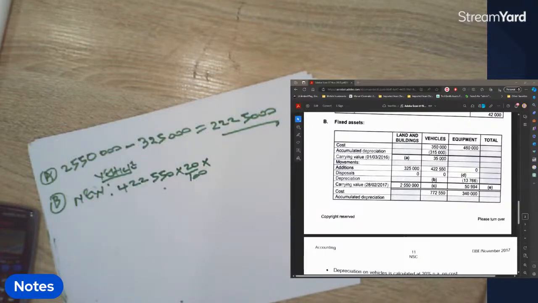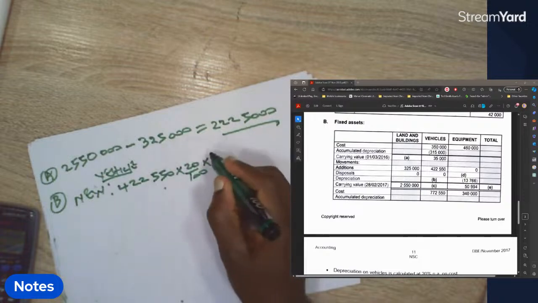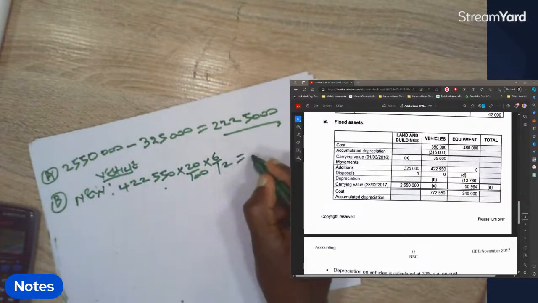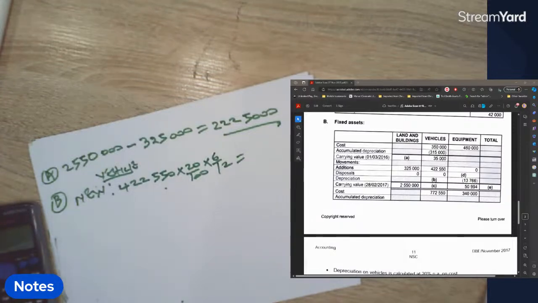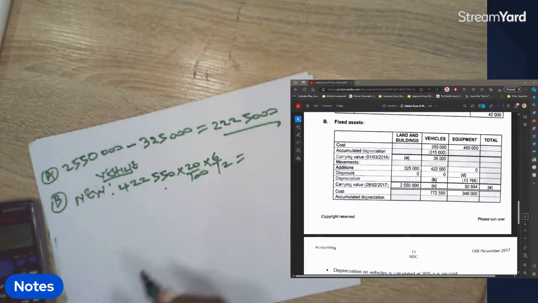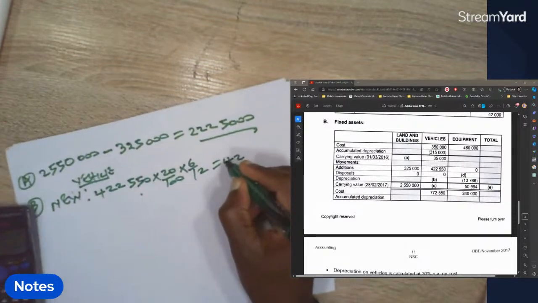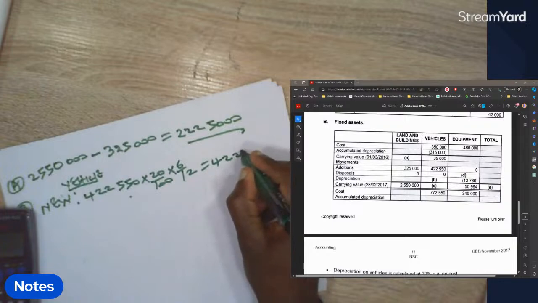We calculate from the purchase month to the year end, September: September, October, November, December, January, February. So 6 months, times 6 divided by 12. So 422,550 times 20%, times 6 divided by 12. You get your answer of 42,255.